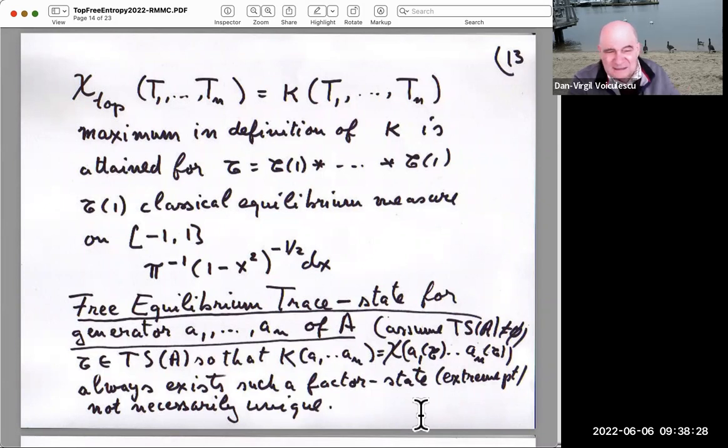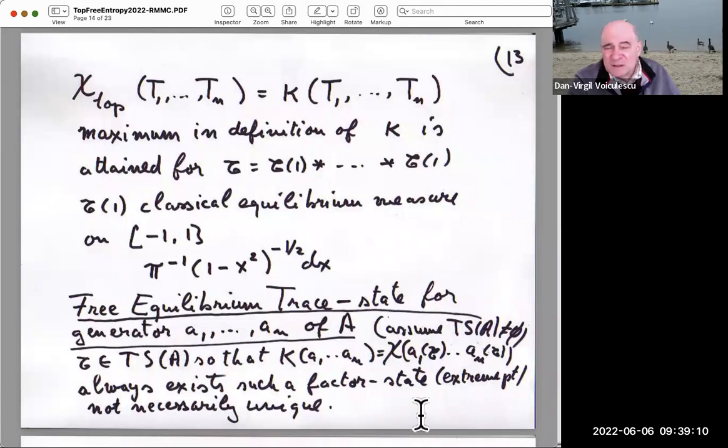I forgot to write here that n should be larger than 1; for n equal to 1 we are of course in the commutative case. But for n larger than 1, the state where you have the maximum free entropy must be a factor state, meaning the representation must be a factor, with no center.